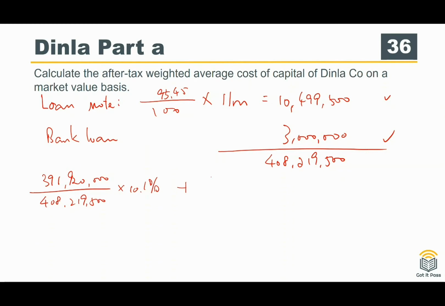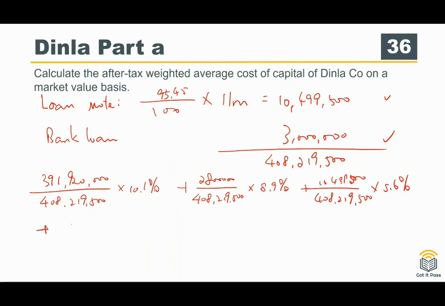Okay. So for this logic, we got the preference shares. The cost of preference shares is 6.9%, and then we got the loan notes, which is 10,499,500 divided by 408,219,500 times the after tax cost of loan notes, which is 4.6%, plus the bank loan, which is 3 million divided by 408,219,500 times the after tax rate for bank loan, which is 5.25%.